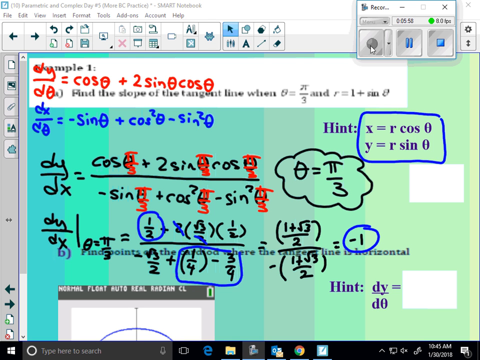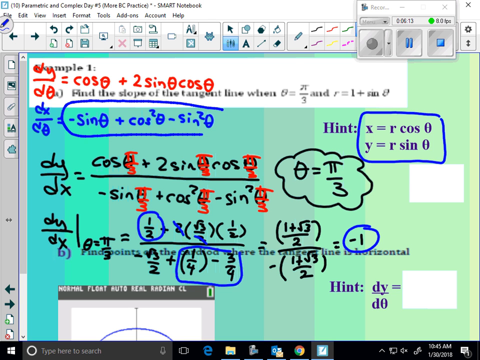Or what you could do is, for dy d theta, you could type this into, say, y1, and then evaluate. Just do y1 of pi over 3, and then divide that by y2, which was dx d theta.